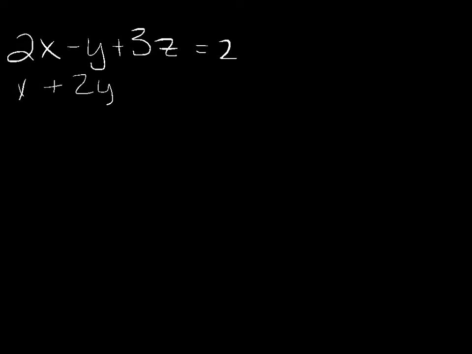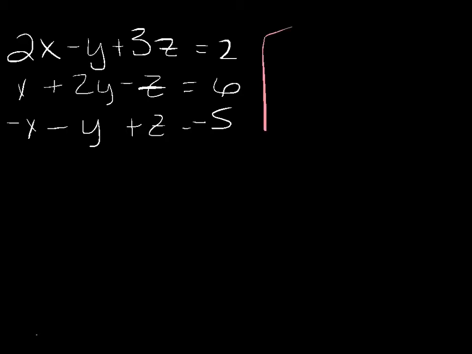All right, so we're going to look at our 3 by 3 system with 2x minus y plus 3z equals 2, x plus 2y minus z equals 6, negative x minus y plus z equals negative 5.